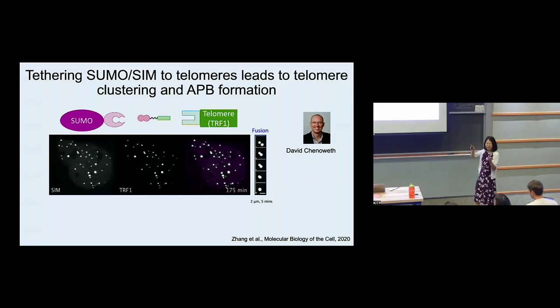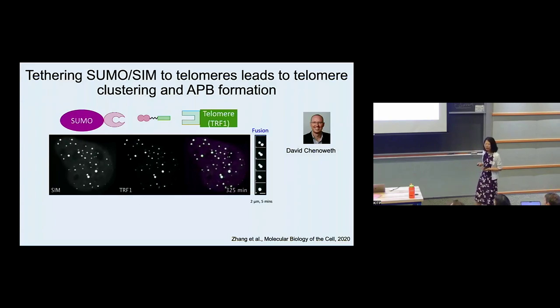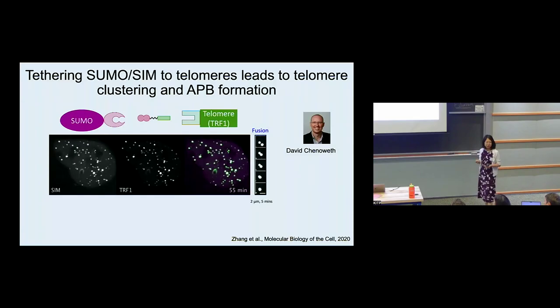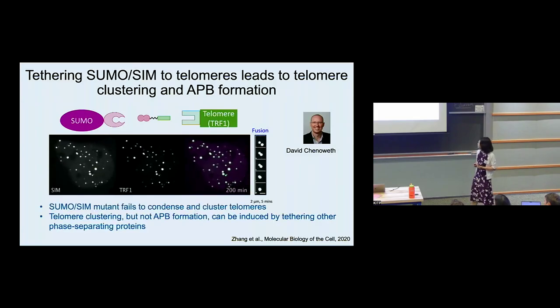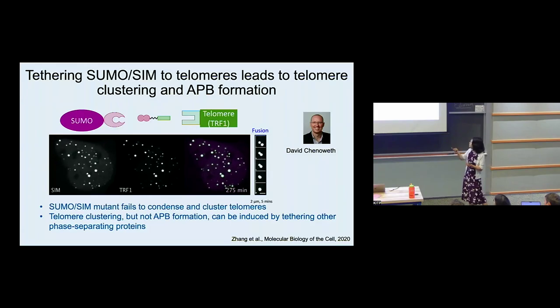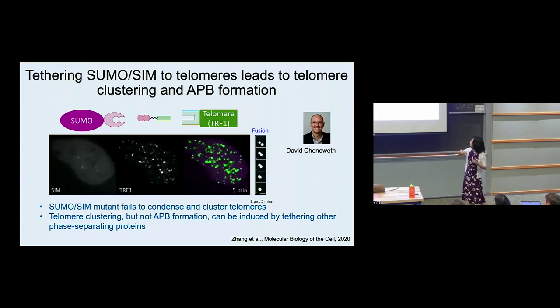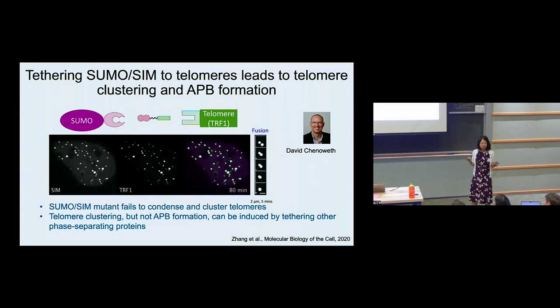And because they are tethered on the telomere, that leads to telomere clustering that we could quantify and could verify with telomere DNA FISH, for example. And this depends on the SUMO-SIM interaction, because if we use a mutant of SUMO-SIM, we cannot induce phase separation or telomere clustering.